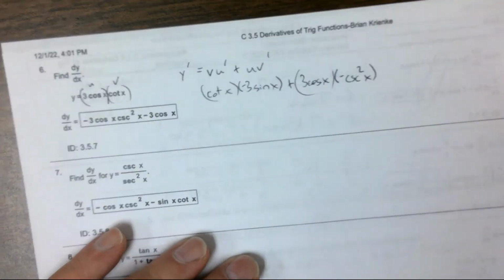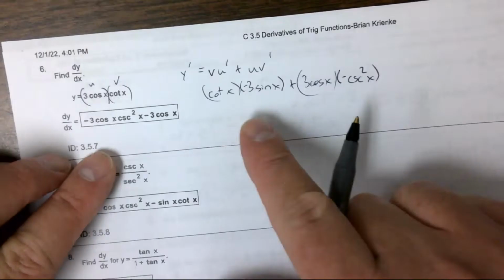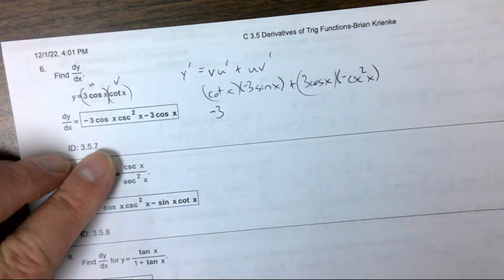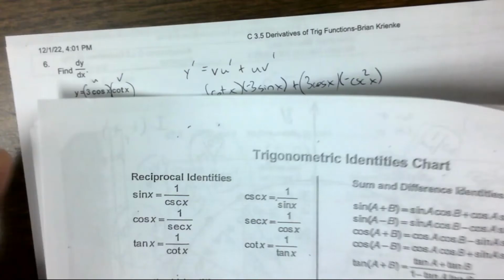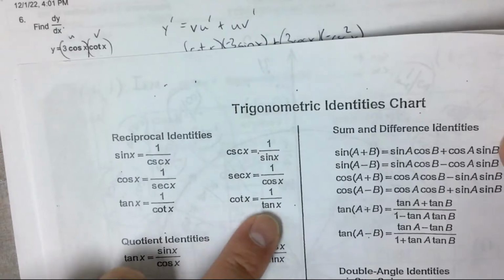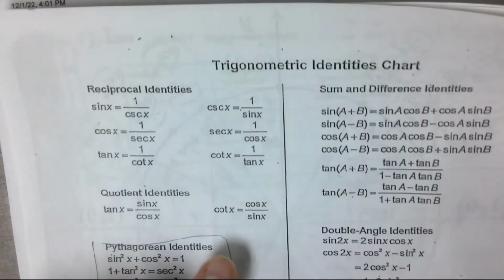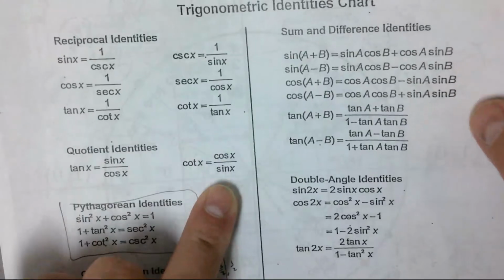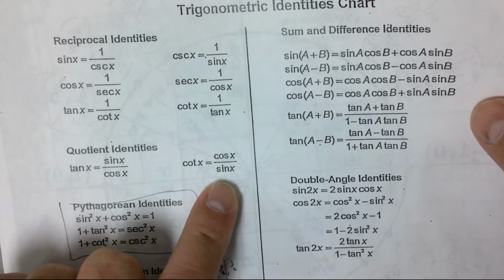Now, before we do any simplifying, let's rewrite these where the negative 3 is in front. Now, what is cotangent? If you go to your reciprocal identity, cotangent is listed as 1 over tangent. But here's the other one, which is called a quotient identity, because it involves division.